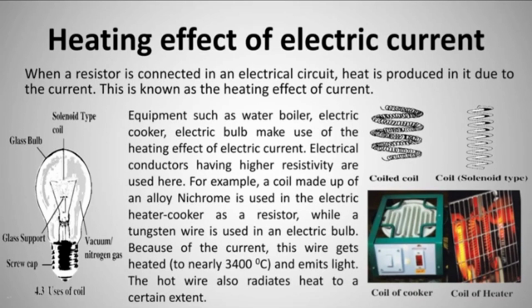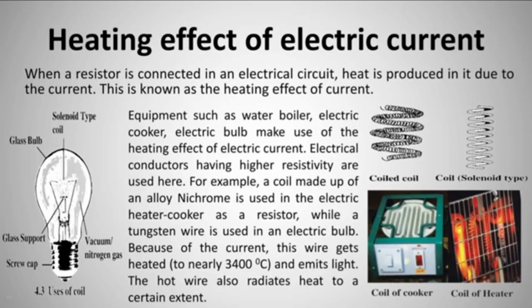While a tungsten wire is used in an electric bulb, as the melting point of tungsten is much higher, due to which it has a longer lifespan. If a wire with a low melting point such as copper was used in a bulb, due to the higher amount of heat produced, it would have melted easily, causing a shorter lifespan of the bulb.